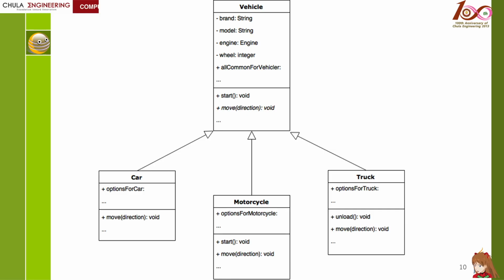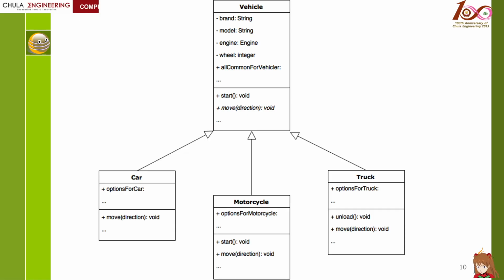Okay? Then I can have each of those classes, car, motorcycle, and truck, extends or inherit from vehicle. That means car will have all the variables and methods from vehicle. Motorcycle will also have all the variables and methods from vehicle.